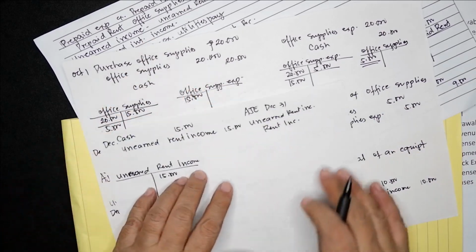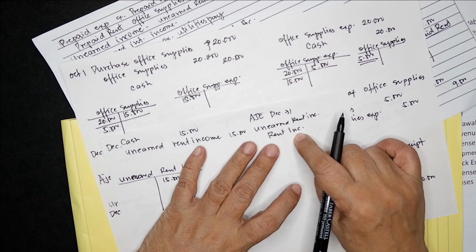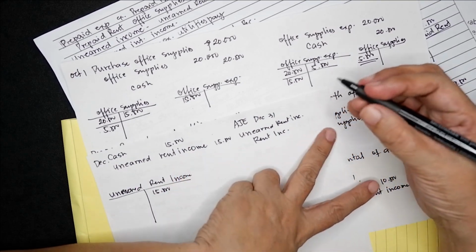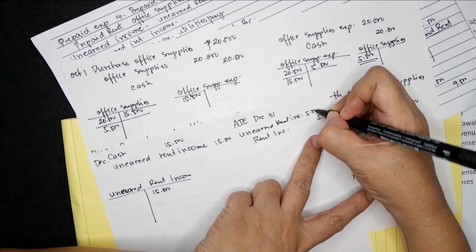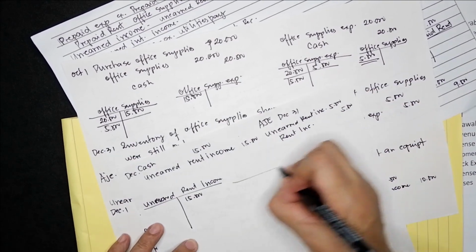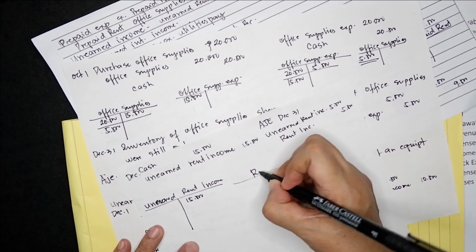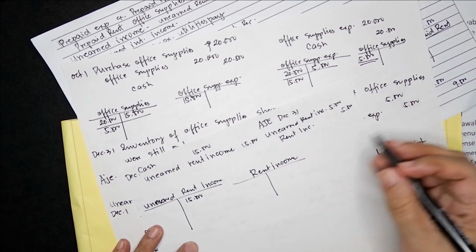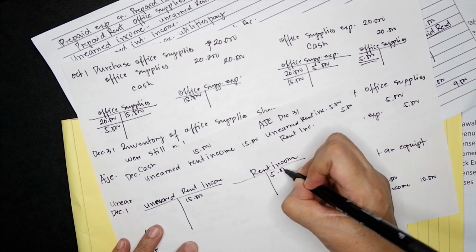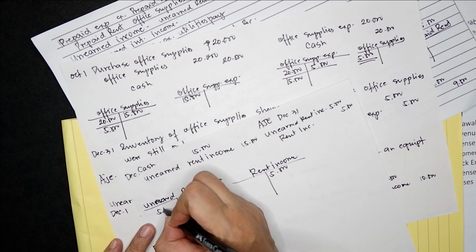This time, the amount that we use is for the rent income for 1 month because we have already served the 1 month, and that is 5,000. So again, if we're going to prepare the account for that, we have rent income of 5,000, and we have unearned debit 5,000.